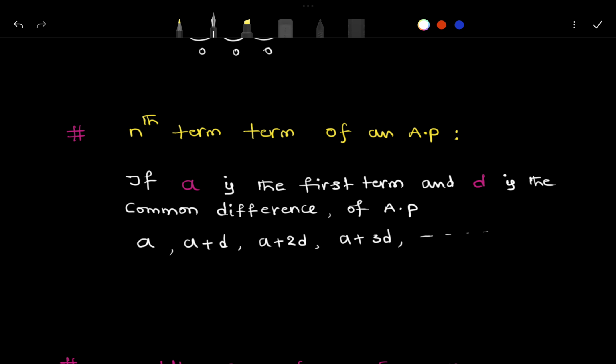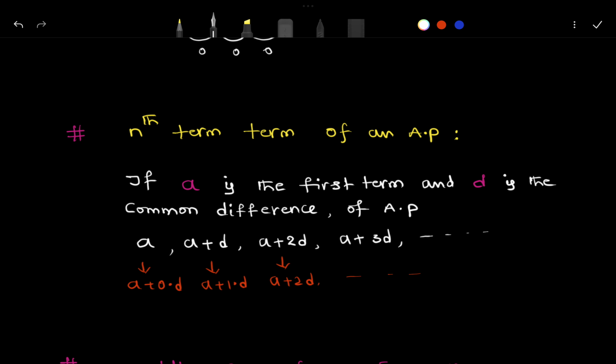By observing this, you can write the first term as a plus 0 into d, this one as a plus 1 into d, and the next as a plus 2 into d, and so on.